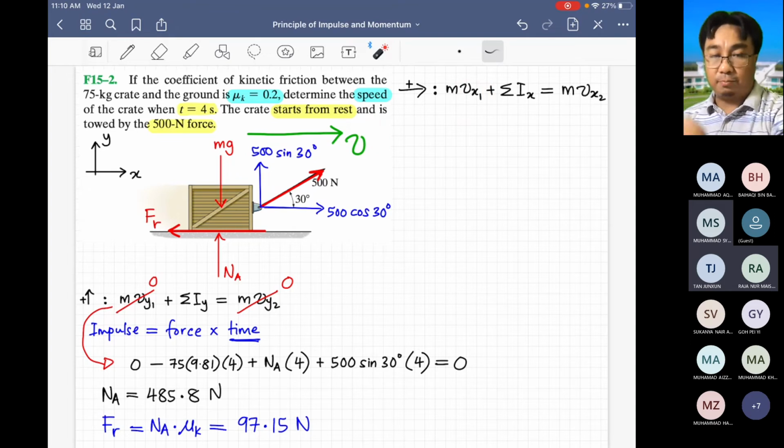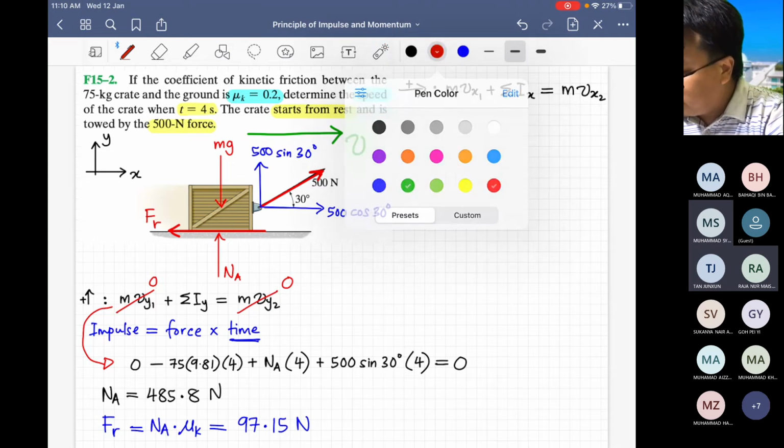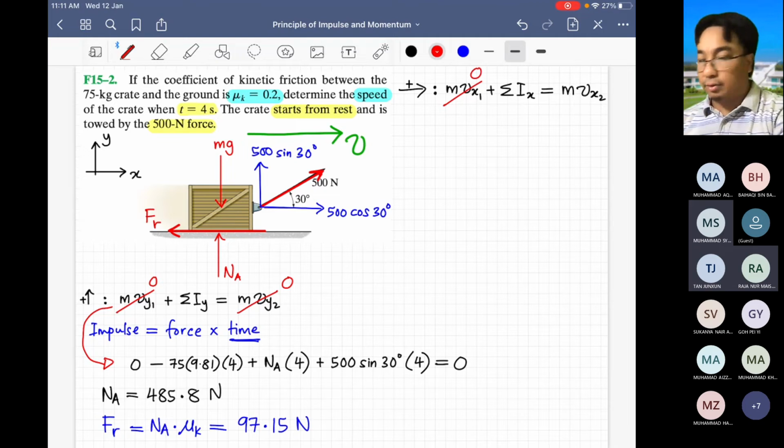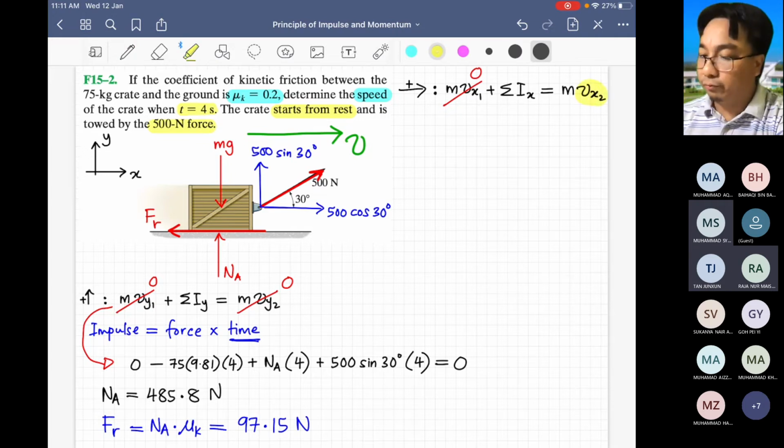So initially kotak tu tak bergerak. So Vx1 equals to 0, kita akan tulis here Vx1 is 0. So M Vx1 tu 0 lah. Okay, now Vx2 is the one yang kita nak cari. So let's highlight this. This is the one that we want to find.